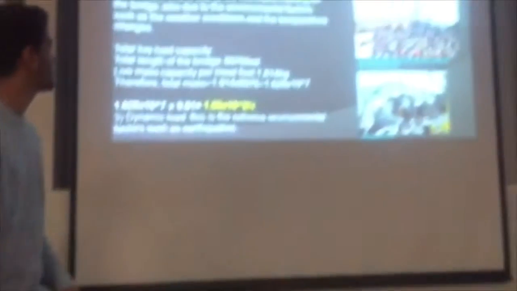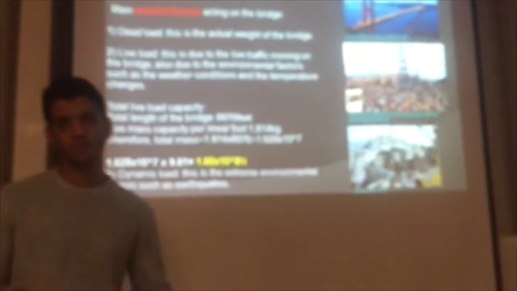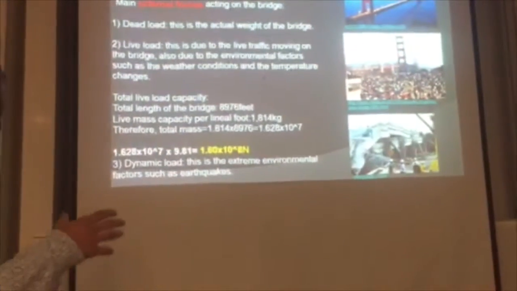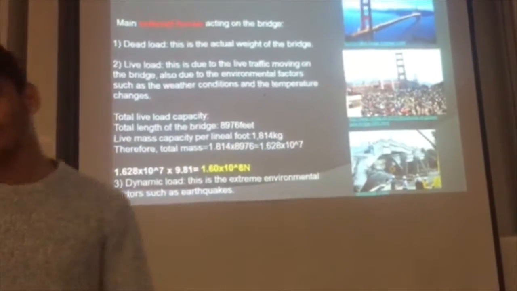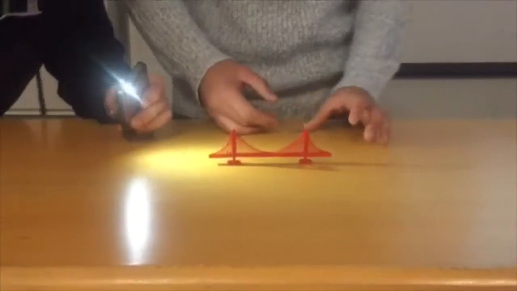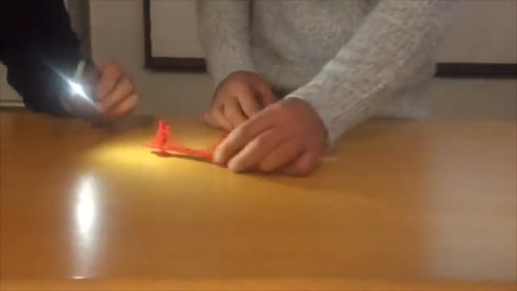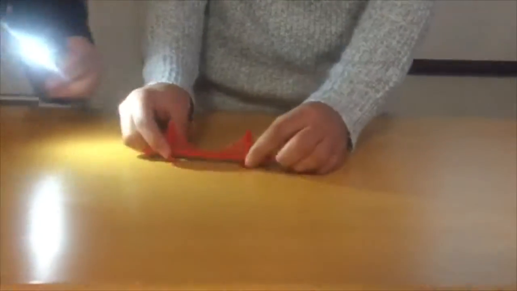Second, we've got the live loads, which are due to the live traffic moving on the bridge, and also due to environmental factors such as the weather conditions. For example, here we've got a sunny day and the material inside the bridge expands.